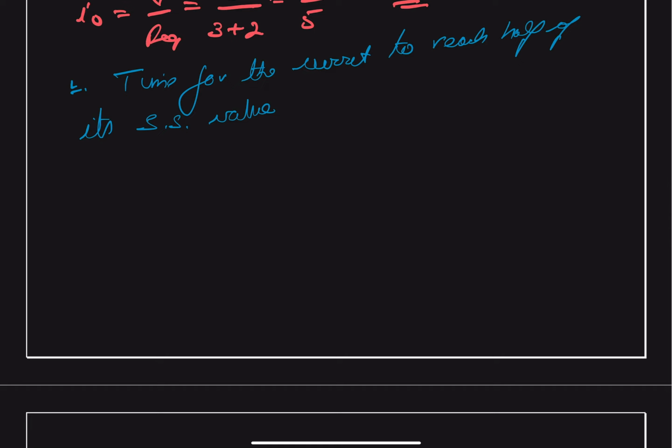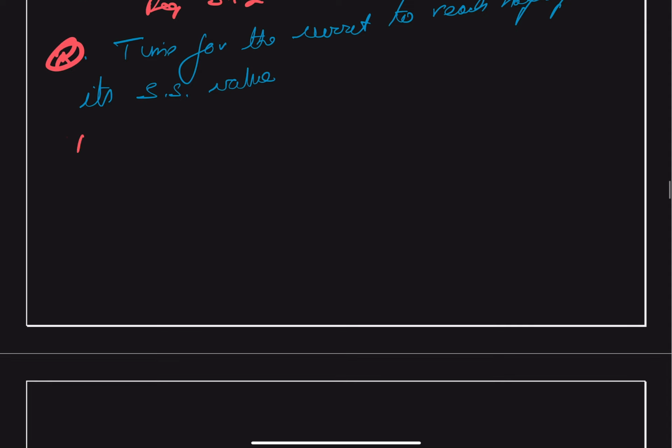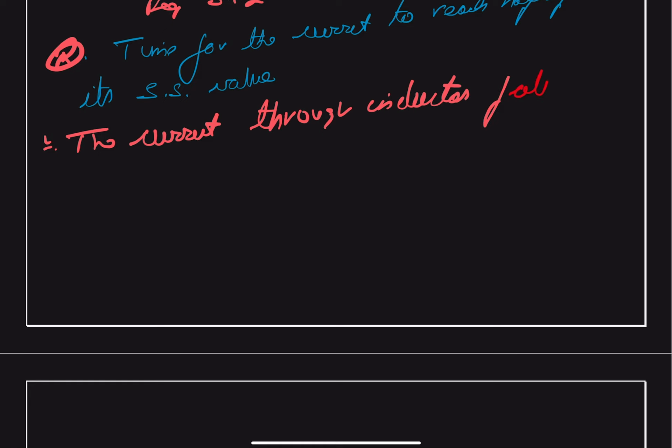And we know that the current through an inductor follows an exponential growth. So we can write the equation based on this. We can say the current through the inductor follows the exponential growth equation.